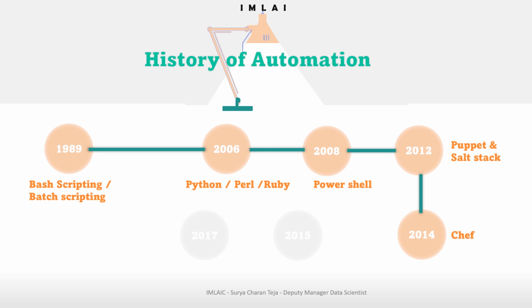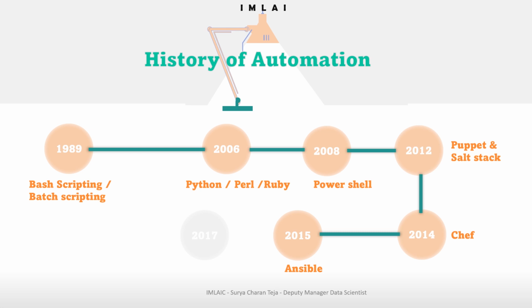And then came Ansible, which was again a configuration management tool developed by Michael DeHaan. Ansible was written in Python. Again, Python has come into the picture, and out of all these, Ansible is the simplest automation tool.